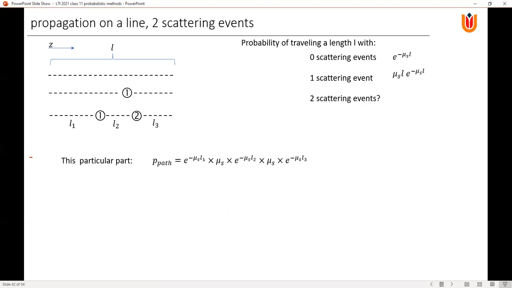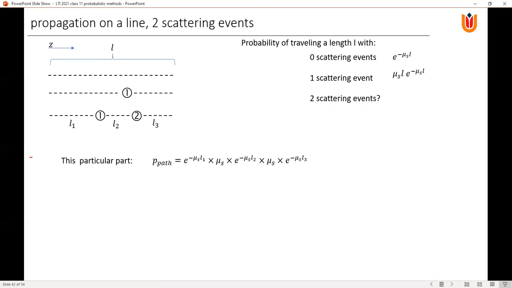Then the probability of scattering at 1, then the probability of propagation to L2, probability of interaction at L2, and then the final probability of propagation to the end.